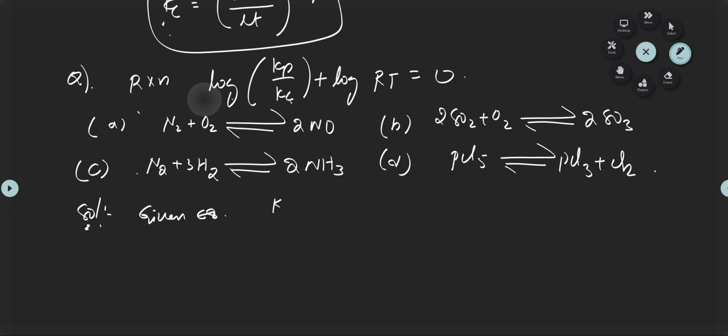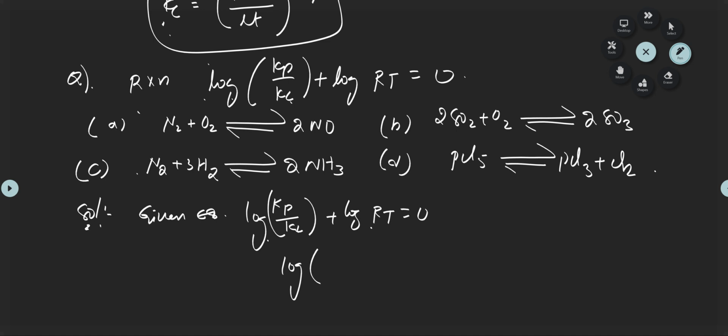Otherwise I am going with this equation, log Kp by Kc plus log Rt is equal to 0. Log A plus log B is equal to log AB. So we can write Kp by Kc into Rt is equal to 0 inside the log.